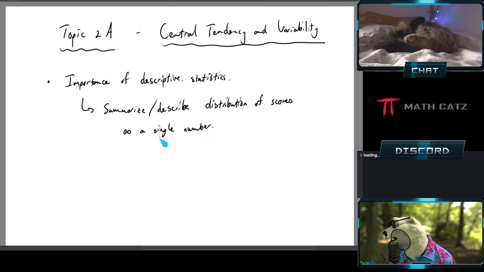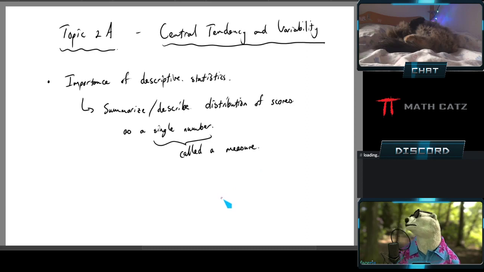It's perfectly fine to look at the histogram and describe it in words, but we can't use those words in a future calculation. Having a single number that we call a measure to describe what we see in words can be, and turns out is, very useful.